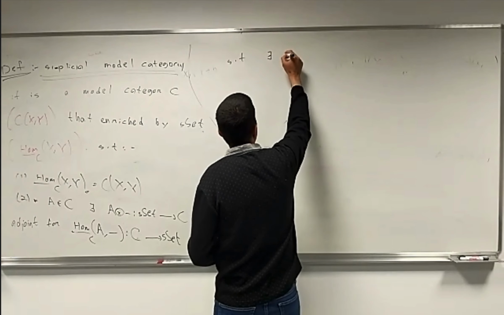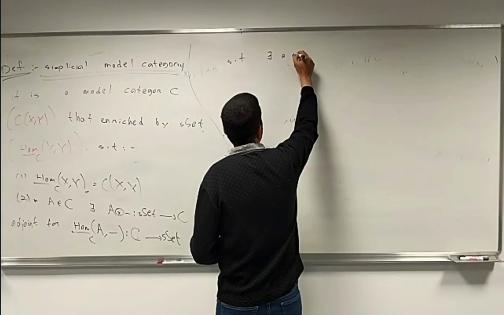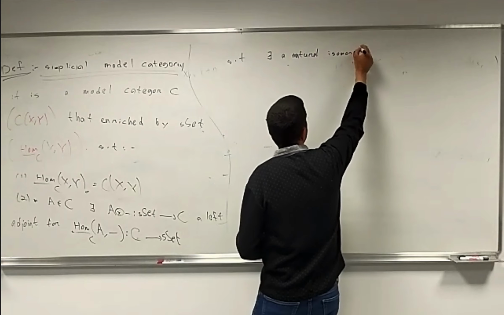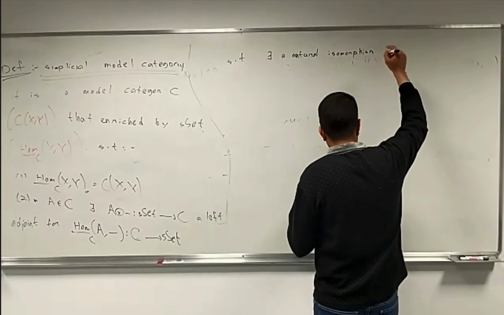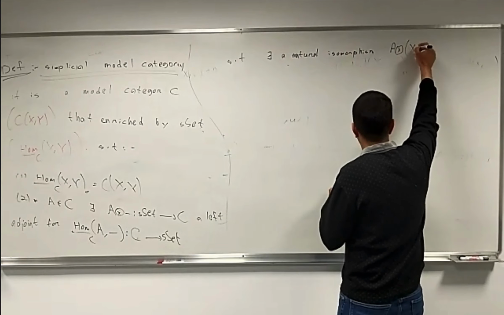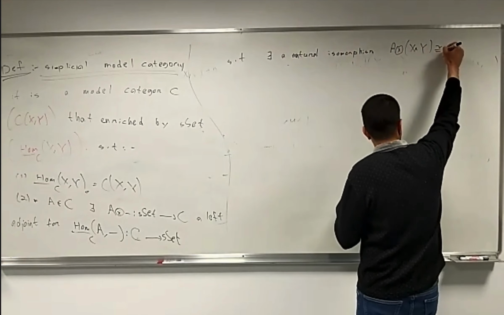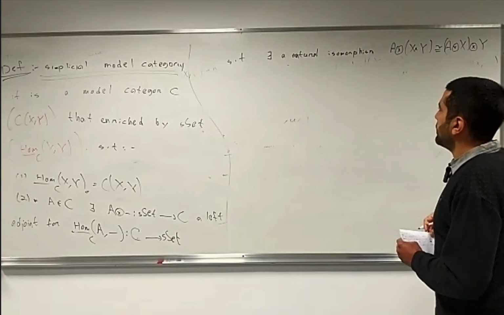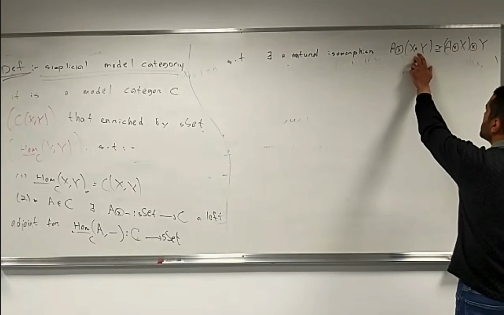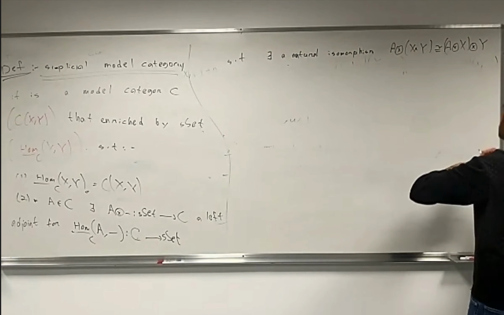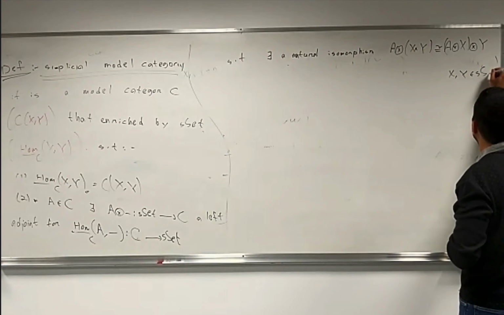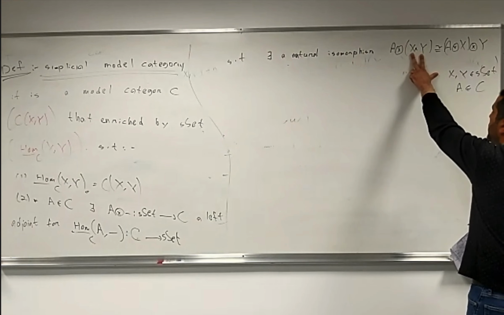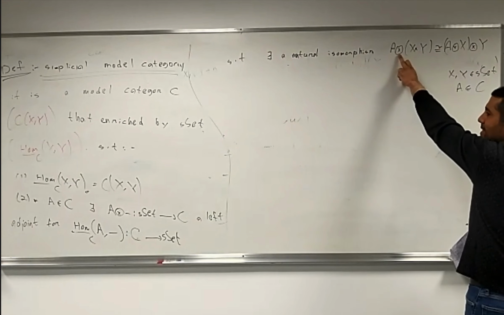there is a natural isomorphism. Okay, I will explain this later more, actually. Here we have the simplicial set XY and A in C. If we do the product here and then do this, this is not a tensor product.